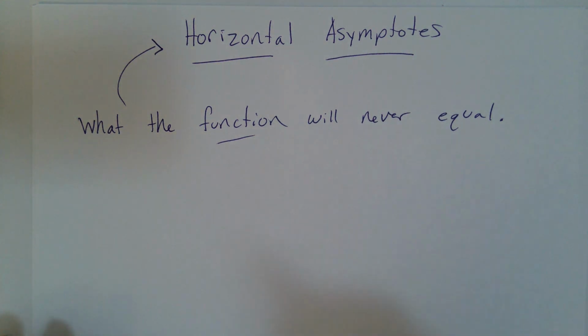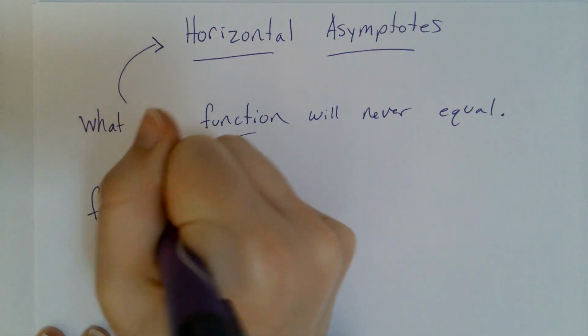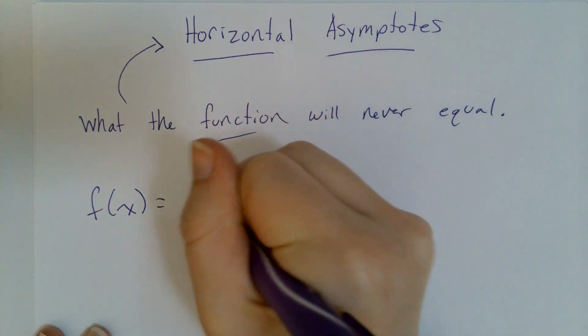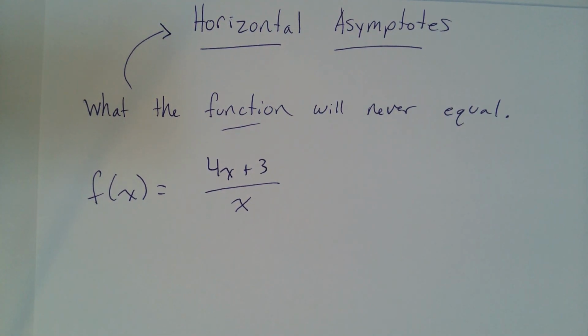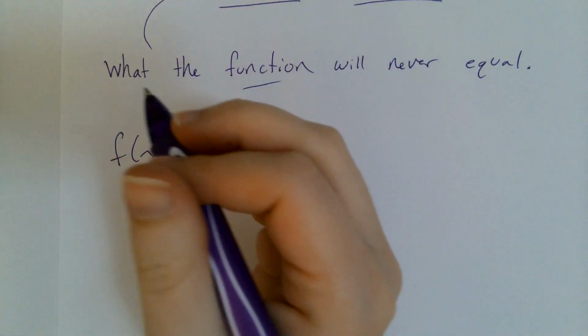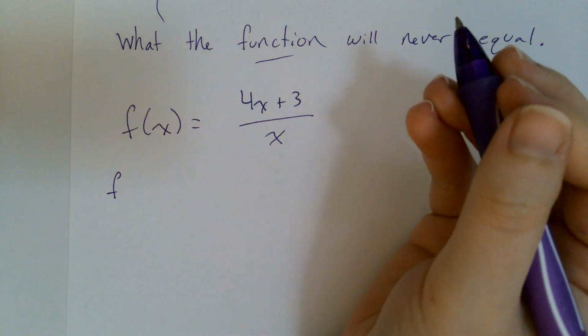So if we have a function like f of x equals, let's say, 4x plus 3 divided by x. Okay, so just to illustrate the idea of a horizontal asymptote, let's plug in some numbers for our f of x.